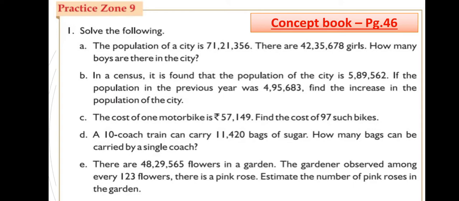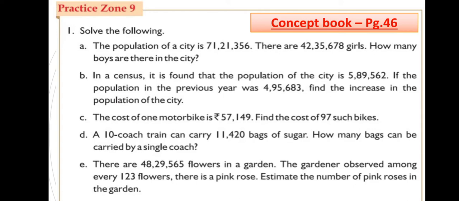And next, B question. In a census, it is found that population of the city is 5,89,562. If the population in the previous year was 4,95,683, find the increase in the population of the city.